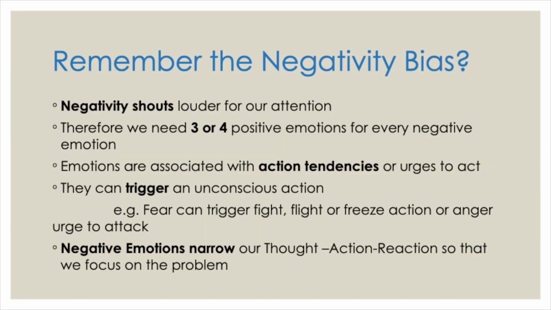So remember earlier on, we were talking about the negativity bias and how we are prone to see the negatives, and that negativity shouts louder for our attention. Therefore, we need 3 or 4 positive emotions for every negative emotion. And we are going to experience negative emotions in life. That's life. We all have problems. As we were saying earlier, we all have challenges.